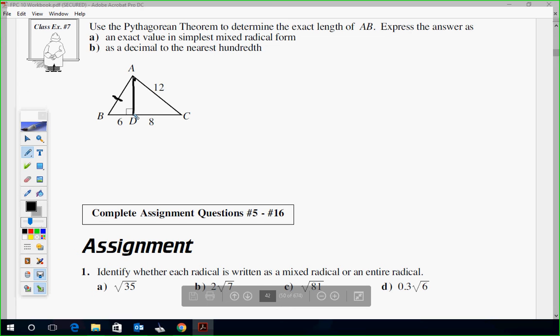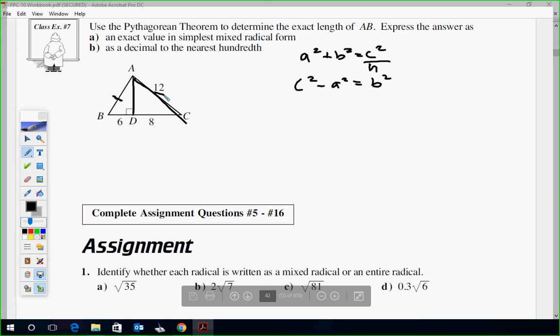If you forgot, Pythagorean Theorem is a squared plus b squared equals c squared, with this being your hypotenuse. But if you're given your hypotenuse, you can also write it hypotenuse squared minus leg squared equals leg squared, which we're going to use because we're given the hypotenuse here.